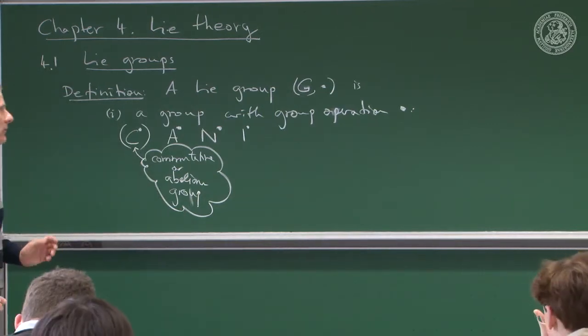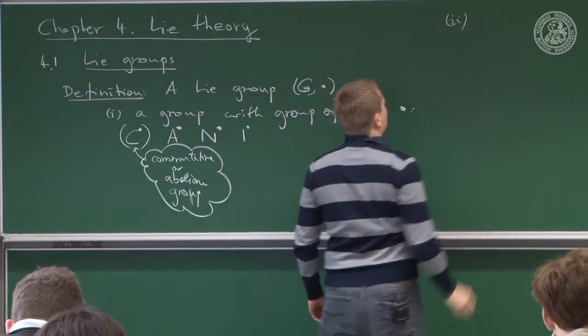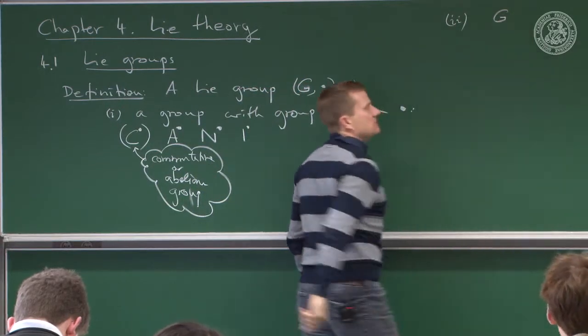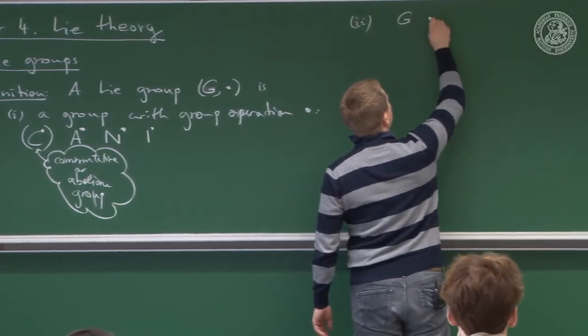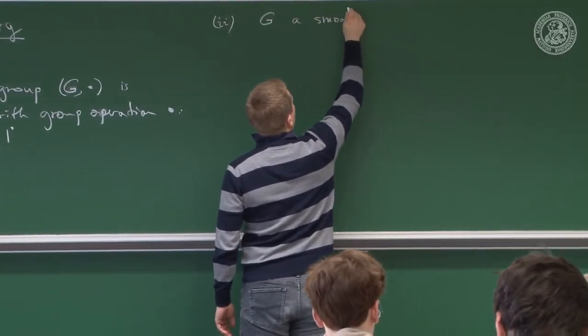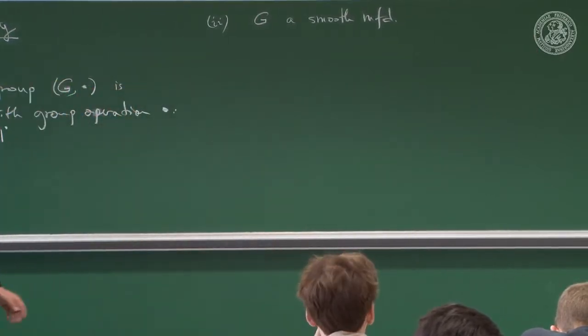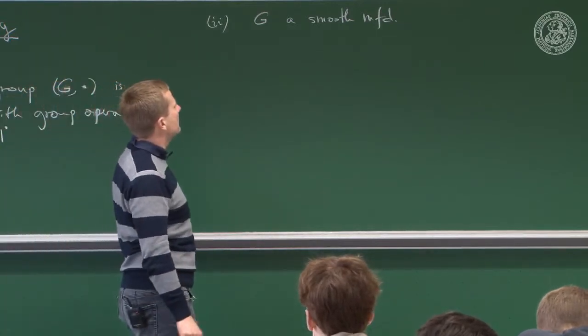A Lie group is a group, but it's more than a group, because in addition, this underlying set G is much more than a set. G is actually a smooth manifold. That means there is a topology given on G and also a smooth structure, so a maximal smooth atlas.